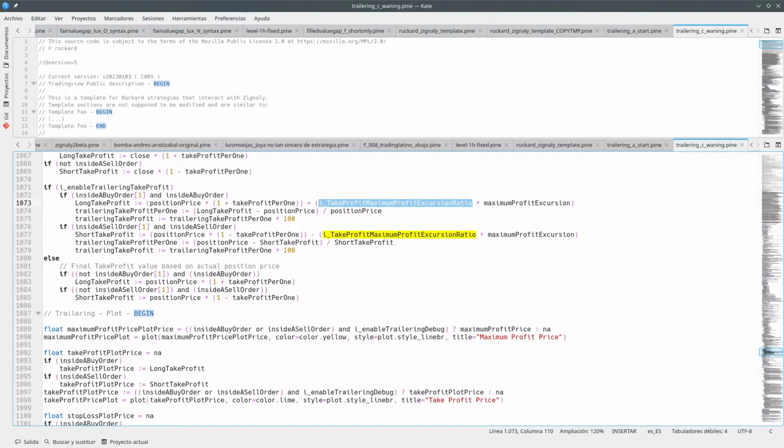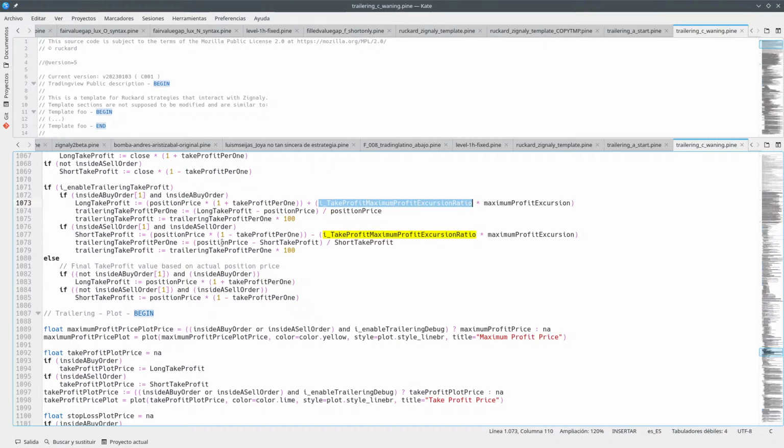So what we're going to do here is take into account, so instead of take profit per one, let me see.